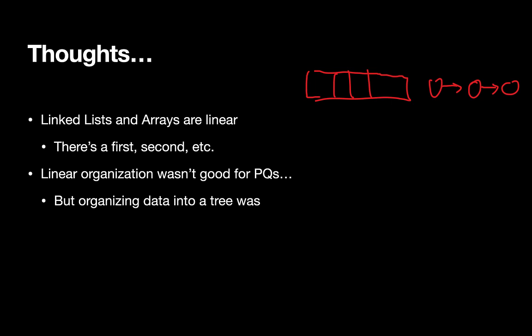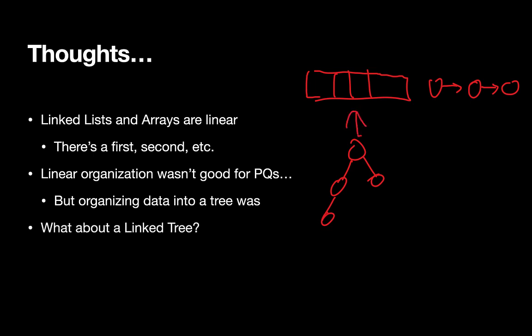So when we were looking at priority queues, we were actually mapping our tree-based structure into an array. But now we'll actually take a look at a linked tree. So instead of storing all of our data in an array, we'll actually use a linked tree.